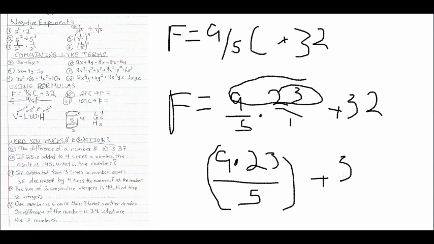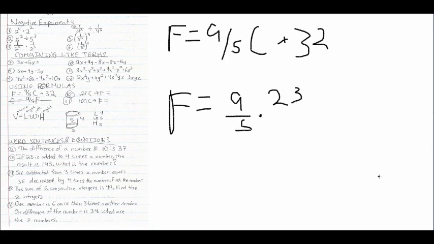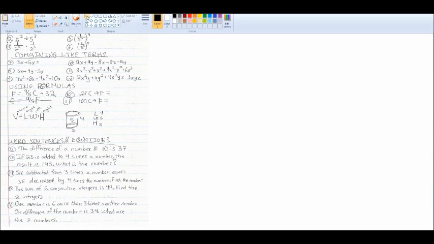That's harder because you have to multiply 9 times 23, and then divide by 5. Once you get that answer, you add it to 32, and that's the answer for Fahrenheit. You could do it that way too, but I prefer just changing the 9/5 to 1.8.